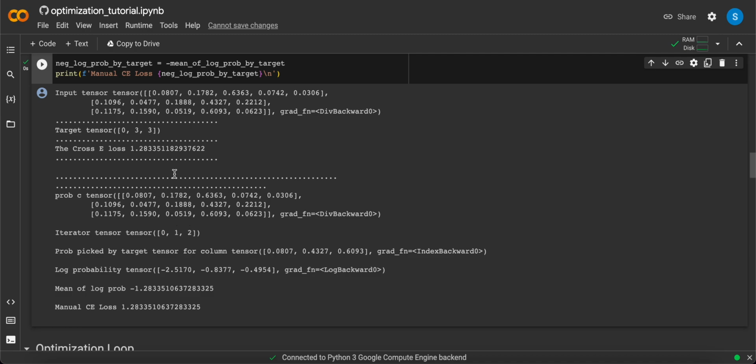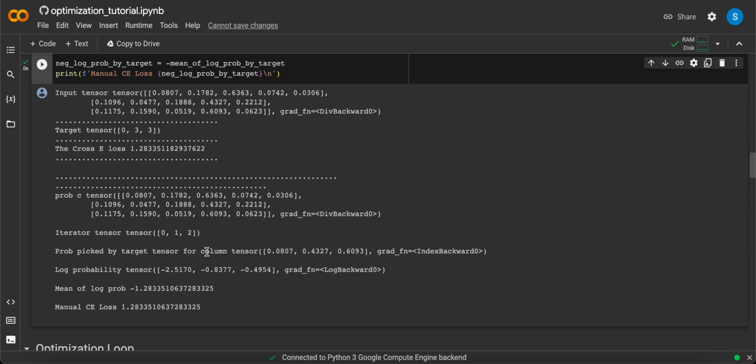That's how we want to pluck the numbers out of this input tensor, right? When we do that, what we get is 0, 0 is 0.0807, and then 1, 3, here 0, 1, 2, 3, is 0.43, and then 2, 3 is 0, 1, 2, 3, 0.6093. So that's what we got.